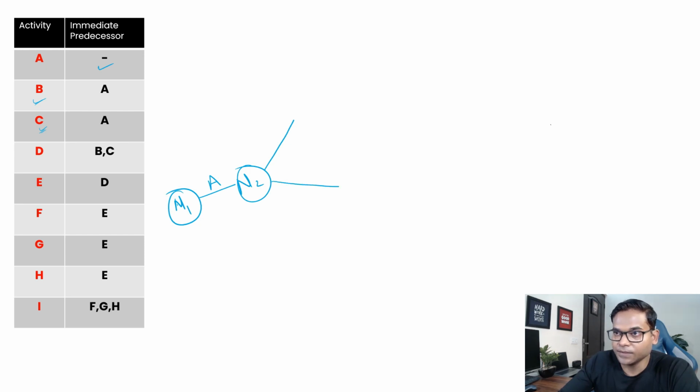Let's put B and C, and say this is node 3, this is node 4. But to start D you need to have B and C at the same node, so again we need to use a dummy activity to connect B and C.